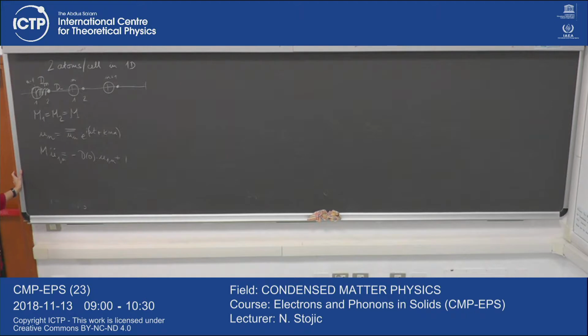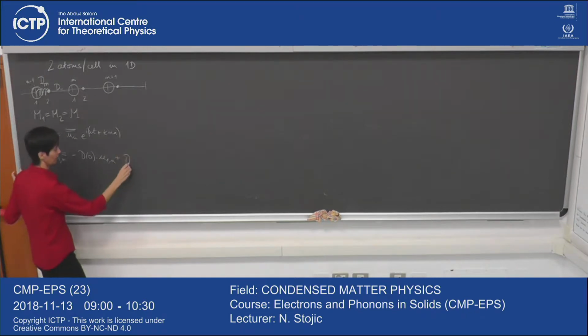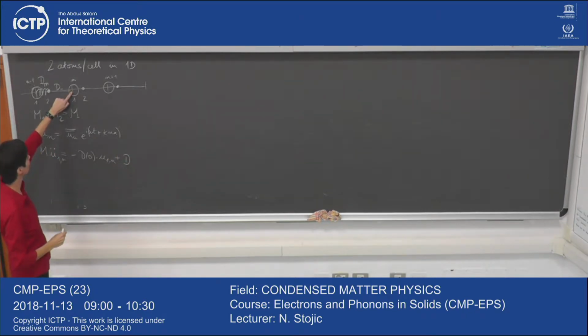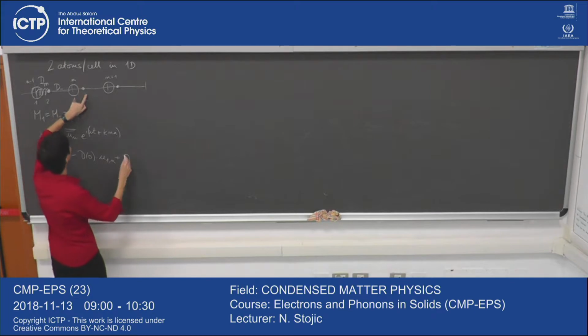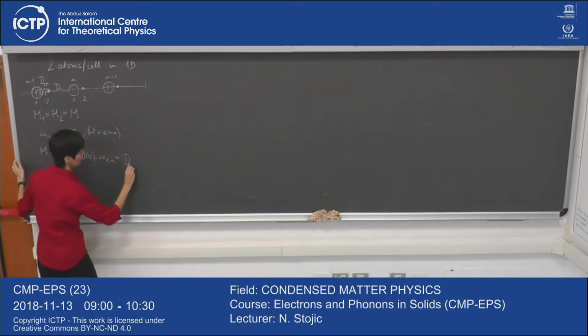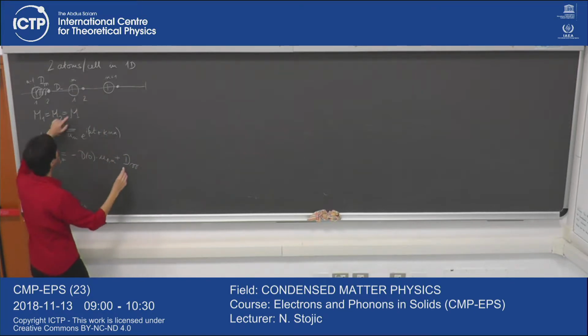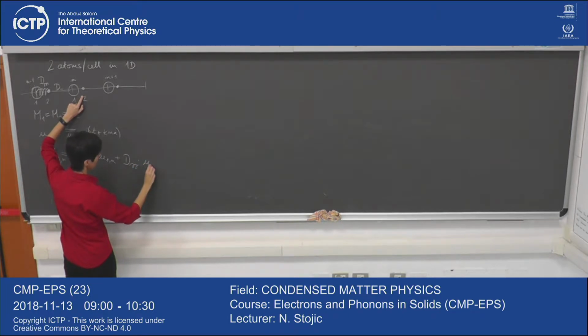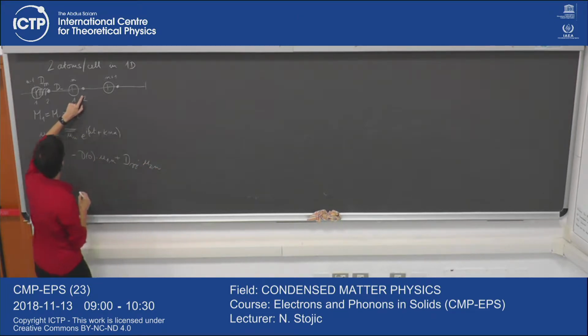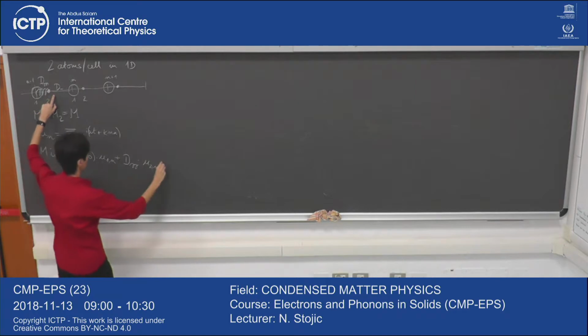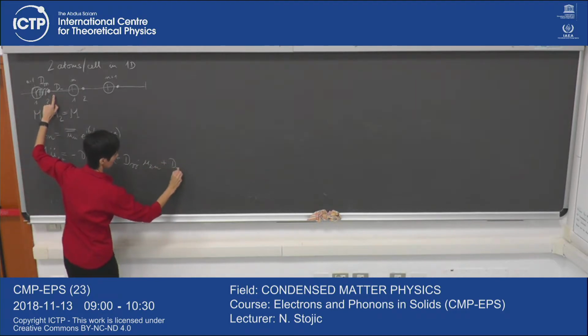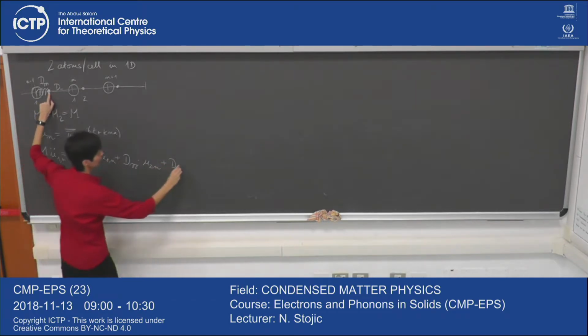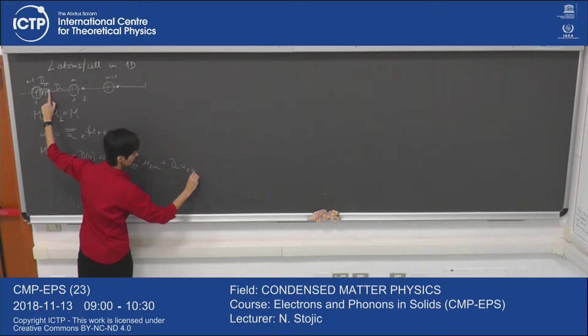It's my choice. So, for this one, in the cell N, it interacts with atom 2 in the same cell, and this is the strong one, times U2 from the N, and the weak force constant with U2 from the cell before.